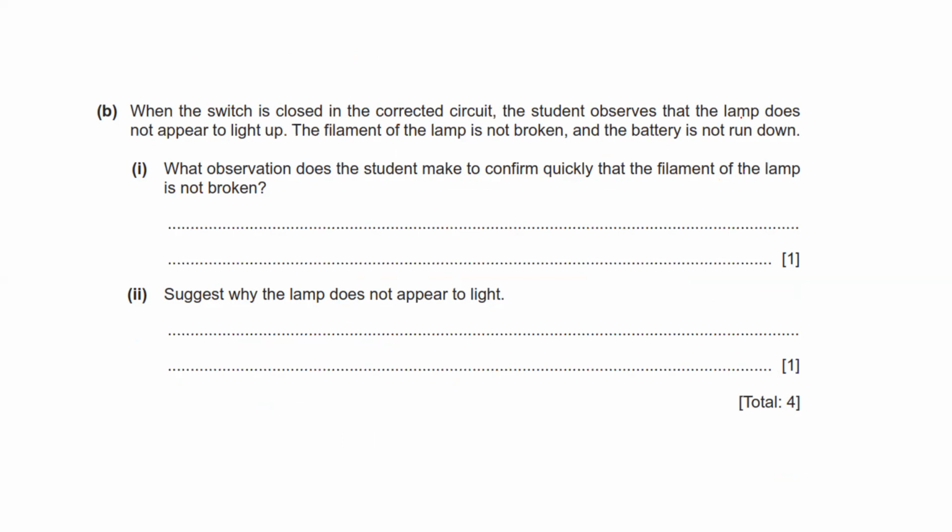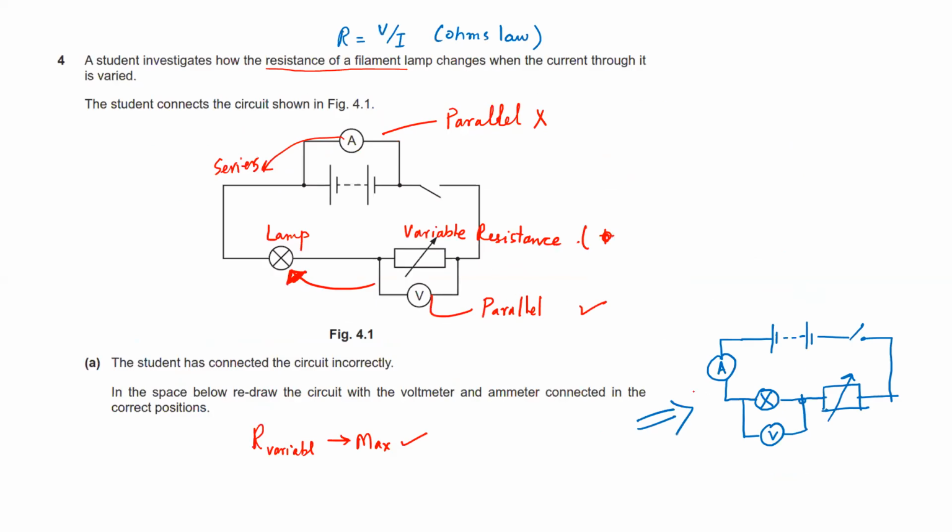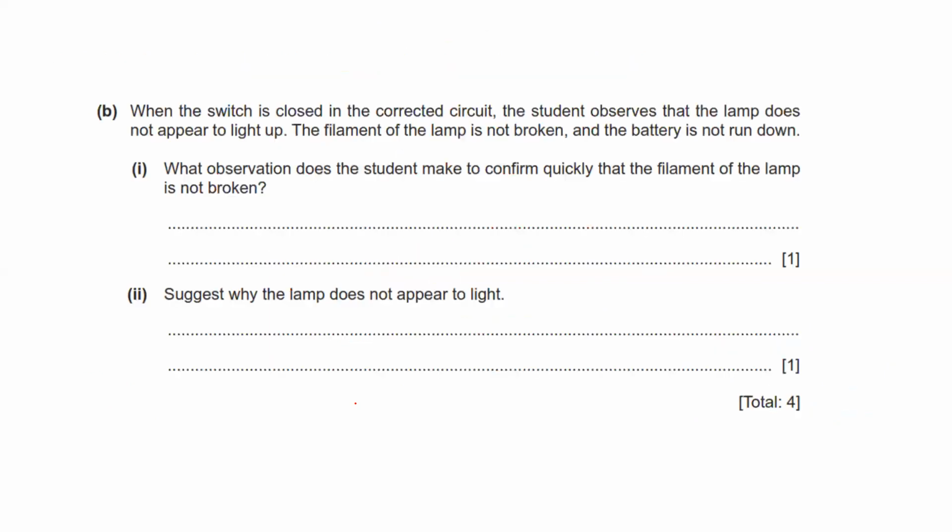Very interestingly, what we can see is that if there is some sort of deflection across the ammeter, it means that some current flows through the circuit, but the lamp is not glowing because the variable resistance is maxed out. This may be the reason. So the observation over here is the deflection on the ammeter.